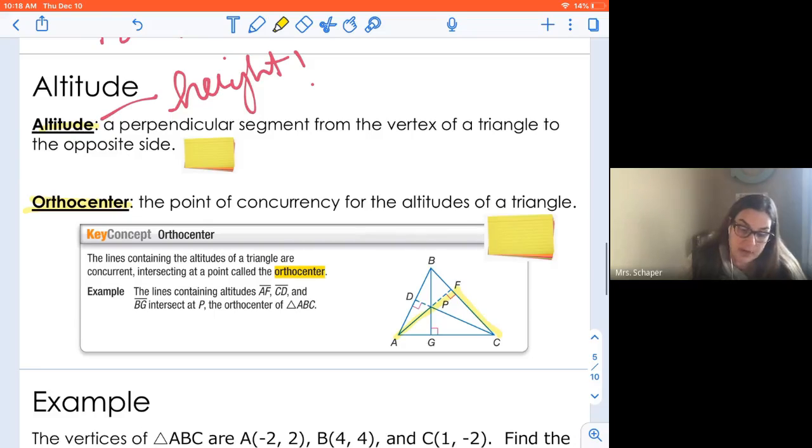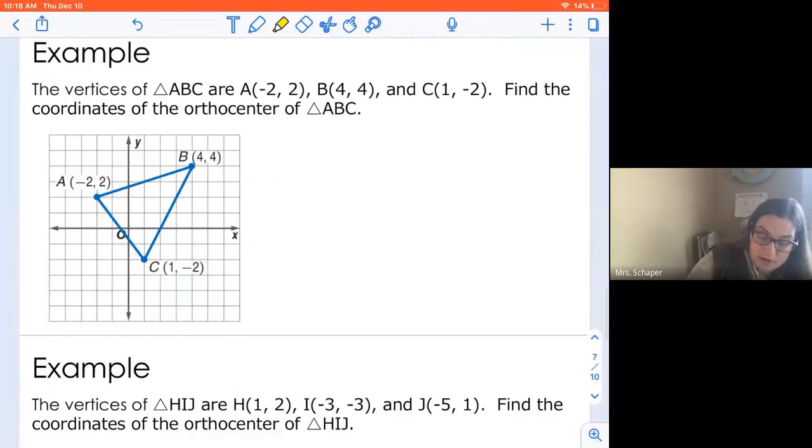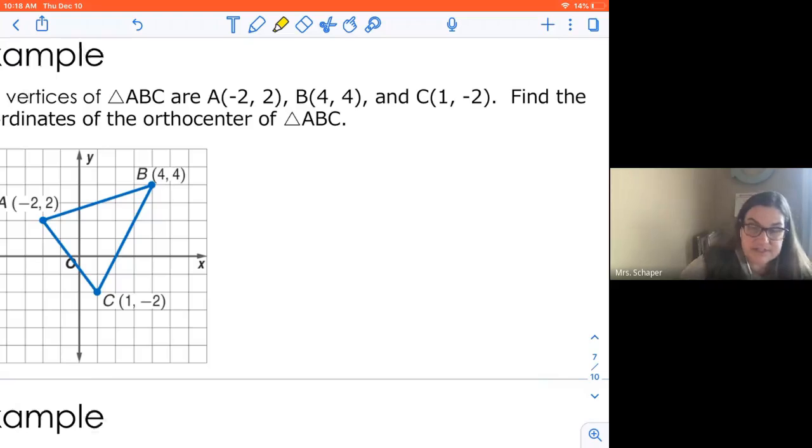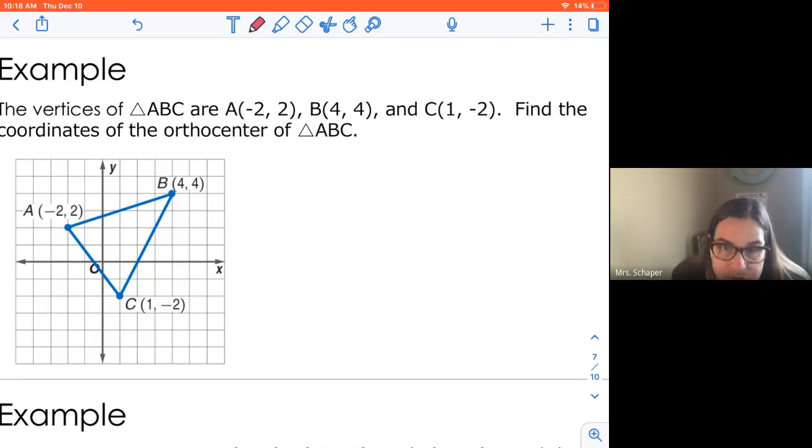So here we go. We have the vertices of ABC. We want to find the coordinates of the orthocenter. All right, here we go, kiddos. We have to solve a system right now, so I need you to get your system thinking hats on. How are we going to do this? The orthocenter is the intersection of the altitudes of a triangle. Each goes through a vertex and is perpendicular to the opposite side.